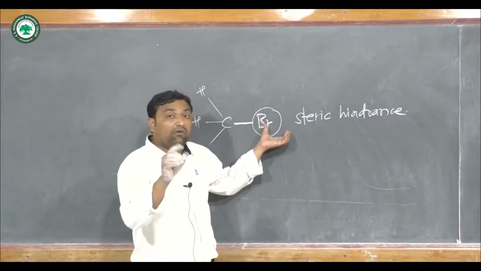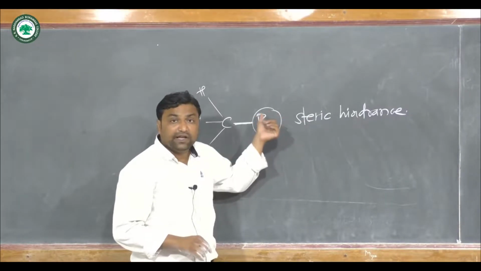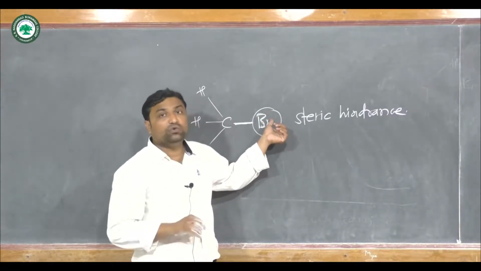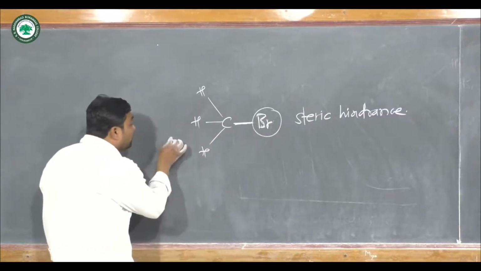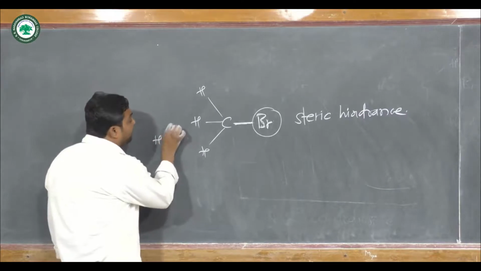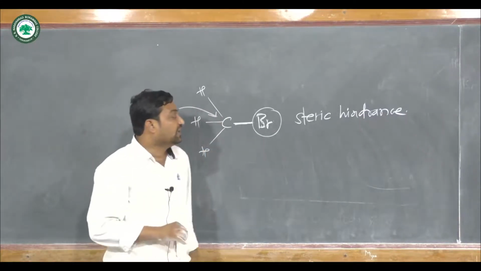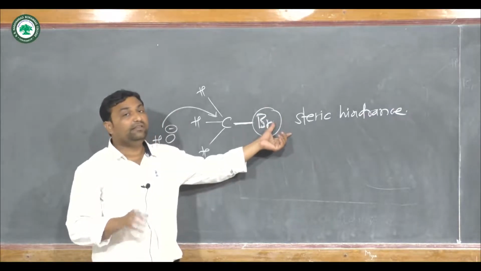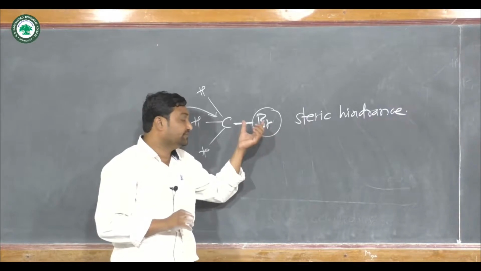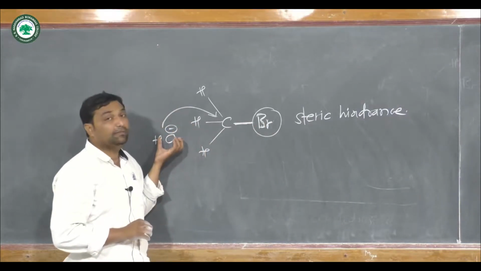That's why, to avoid this steric hindrance generated by this leaving group, the incoming nucleophile in any SN2 reaction generally attacks from the backside.